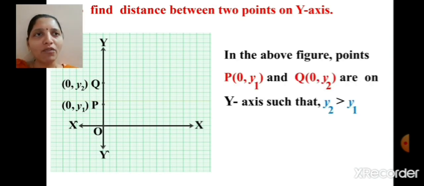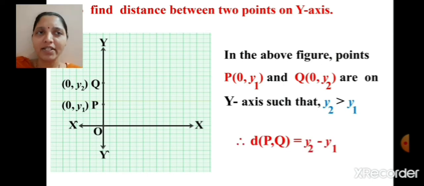In the above figure, points P and Q are on the y-axis such that y2 is greater than y1. So what will be the formula here? Distance between P and Q is equal to y2 minus y1, bigger coordinate minus the smaller coordinate. Because here the x coordinate is 0, we are not going to consider the x coordinate.